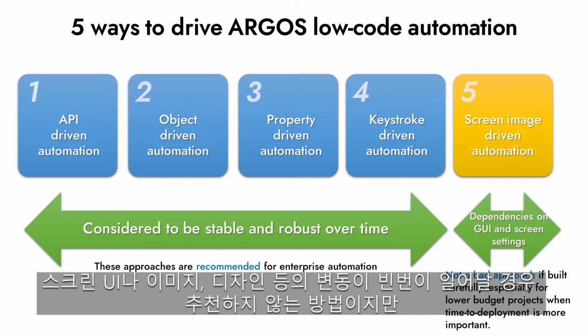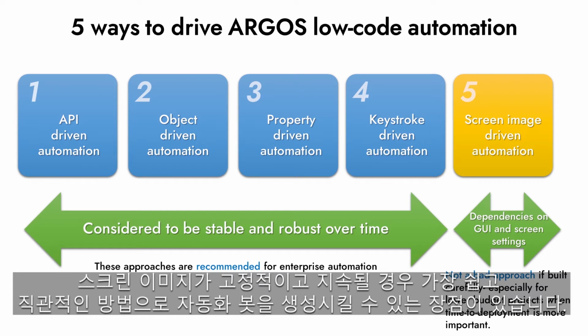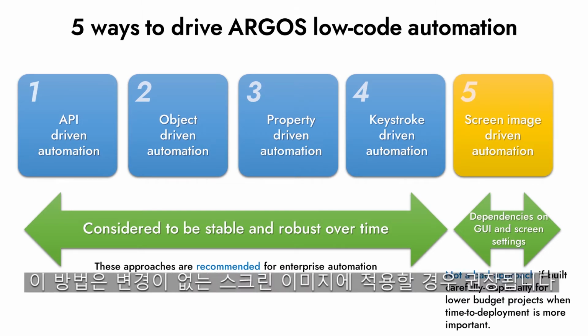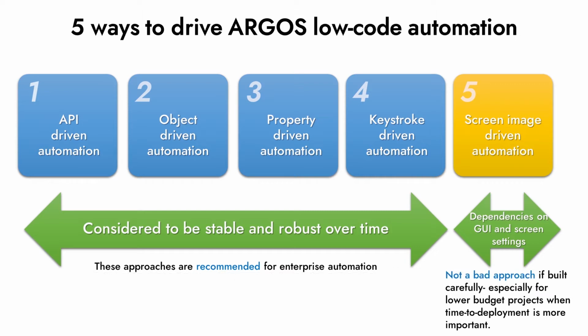But if you know the screen stays the same, consistent over time, the bot remains consistent over time. And by far, the screen image-based bot is the easiest bot to build, the most intuitive bot to build. So it's not that we do not recommend it, but when you know the right situation, a screen-based bot is pretty good.